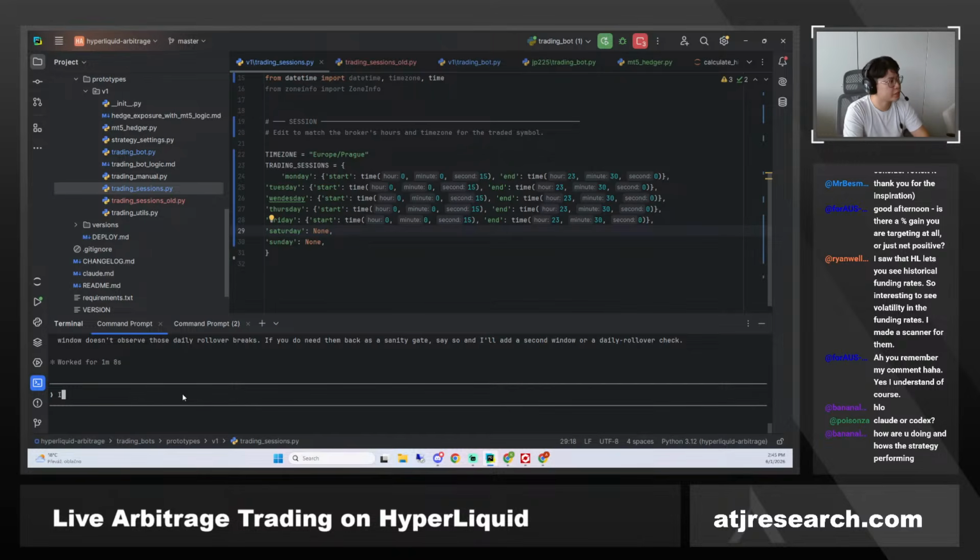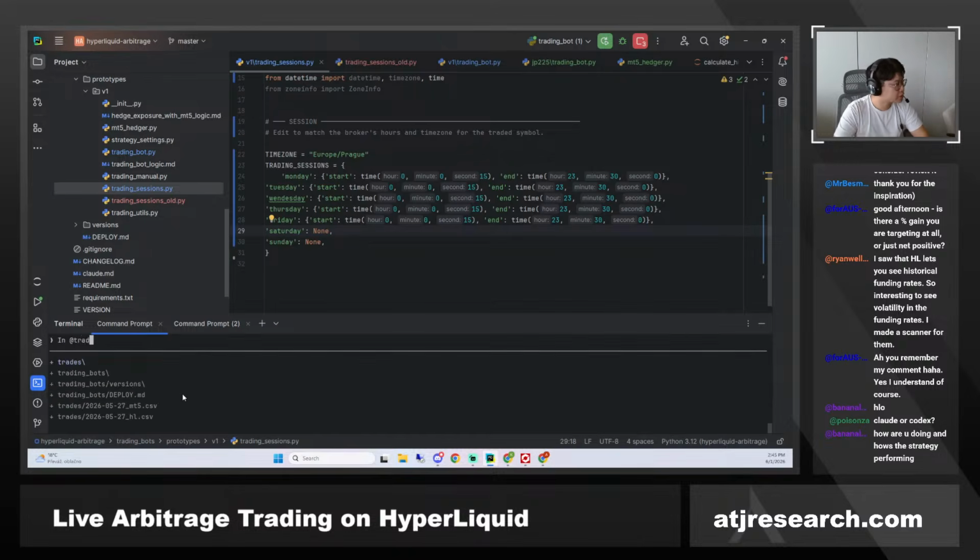So I'm just going to write in trading_sessions.py. So we're going to V1 here. I have modified the layout, how to configure the trading sessions.